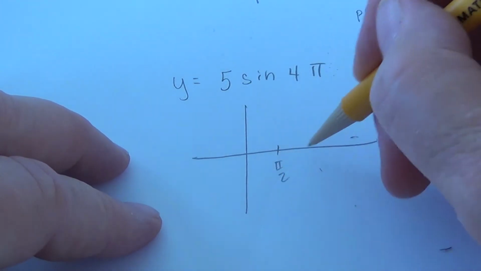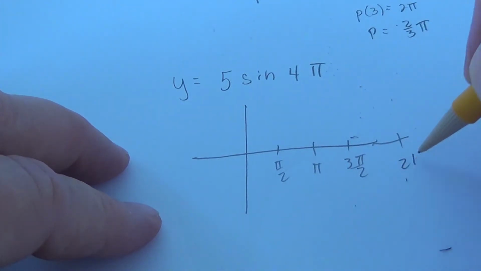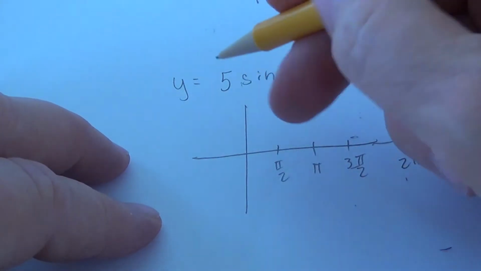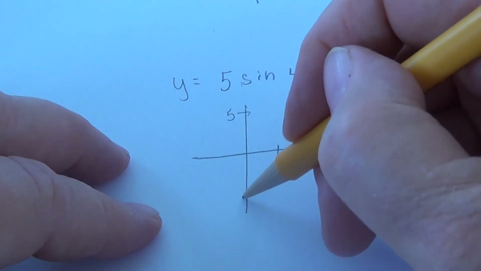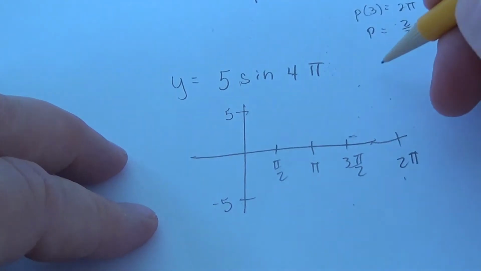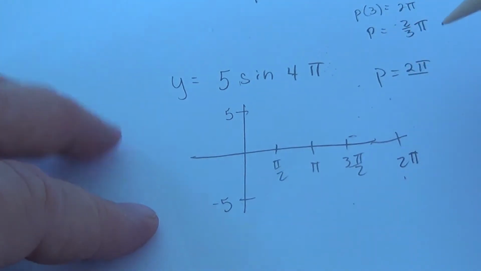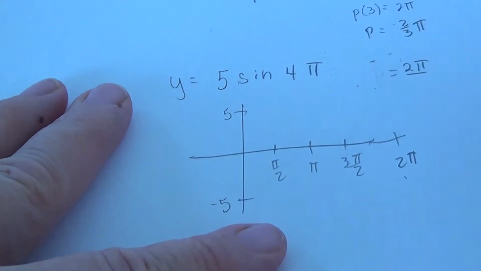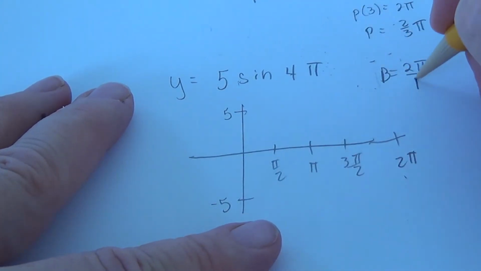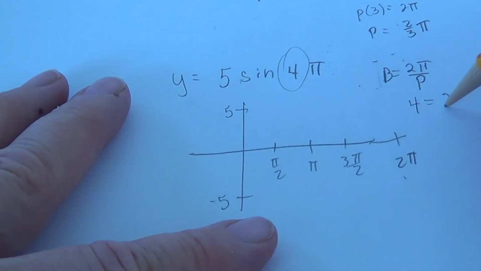I think pi over 2 won't be confusing this time, so I'll put them all in. I know the amplitude has changed, so I'm going to go from 1 to 5. So I'll say this is 5 and this is -5. And the 4, I use my little key, B equals 2 pi divided by the period. I know my B, it's sitting right there, so I solve this by replacing B with 4 and solving for the period.